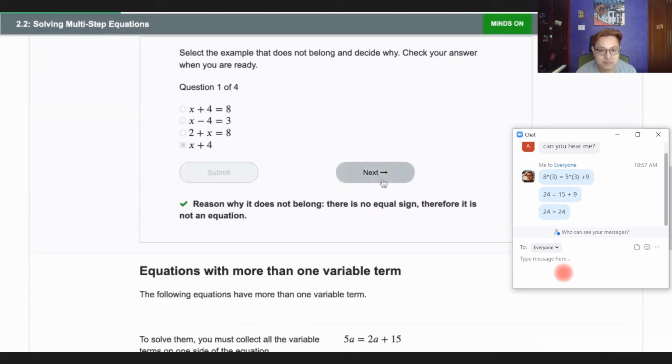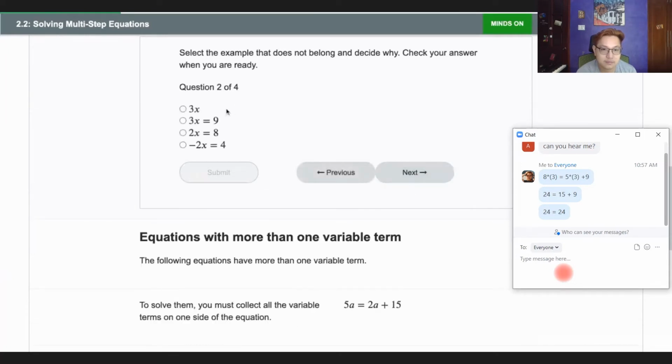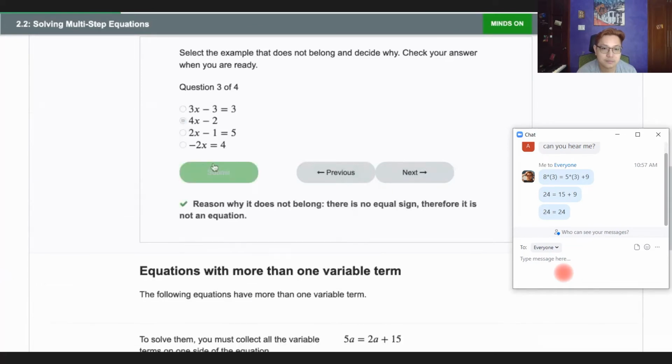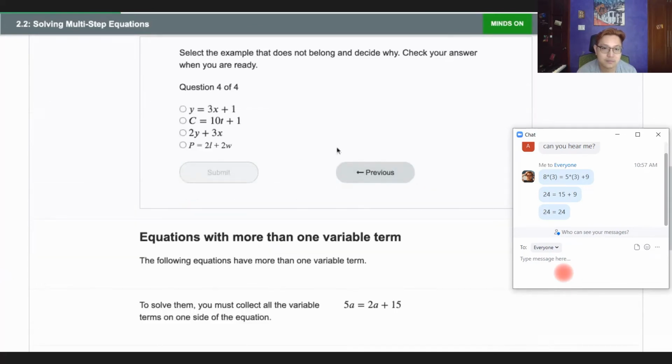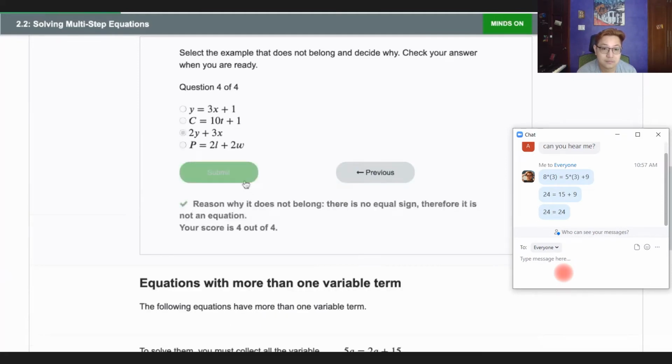There's no equal sign. Same idea, it's just an expression. Expression again. Same, still expression.